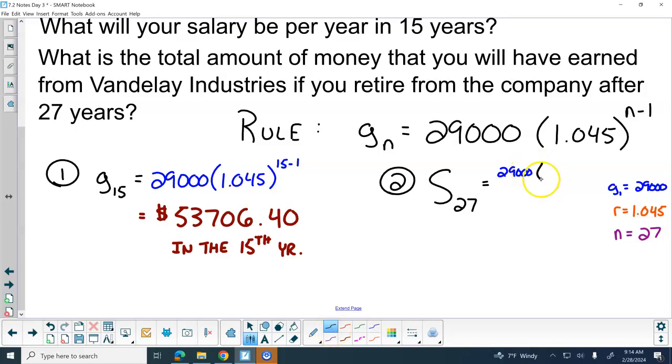So then that is going to be 29,000 times 1.045 to the 27th power minus 1, all over 1.045 minus 1.